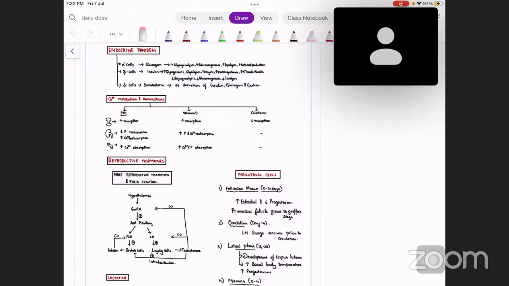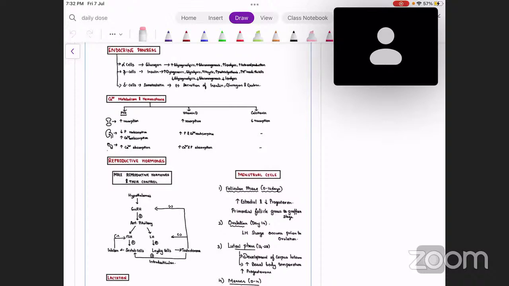Formula to calculate your MAP, diastolic blood pressure plus 1/3 pulse pressure, or systolic minus diastolic blood pressure. Normal MAP is 93.33. Okay, and then you have ejection fraction. The formula to calculate ejection fraction is stroke volume divided by end diastolic volume into 100%.